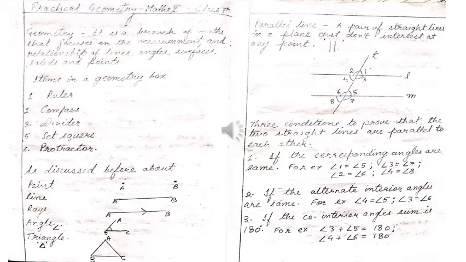Now the third condition: if the co-interior angles sum to 180. For example, angle 3 plus angle 5 is equal to 180. Similarly, angle 4 plus angle 6 is equal to 180. Clear?